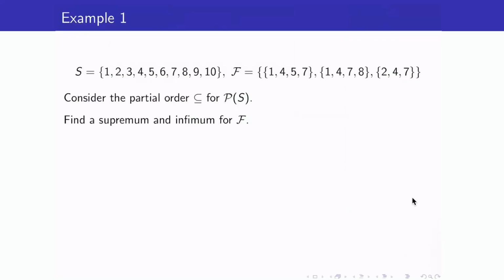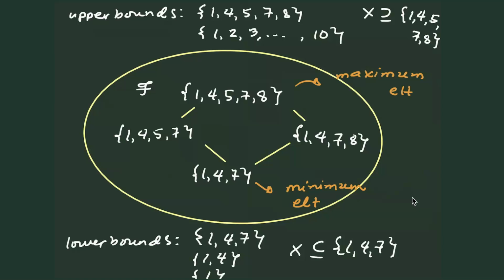Okay, so again, let's go back to our previous example. What would be a supremum and infimum for F? In this case, our maximum element will also be our supremum, correct?